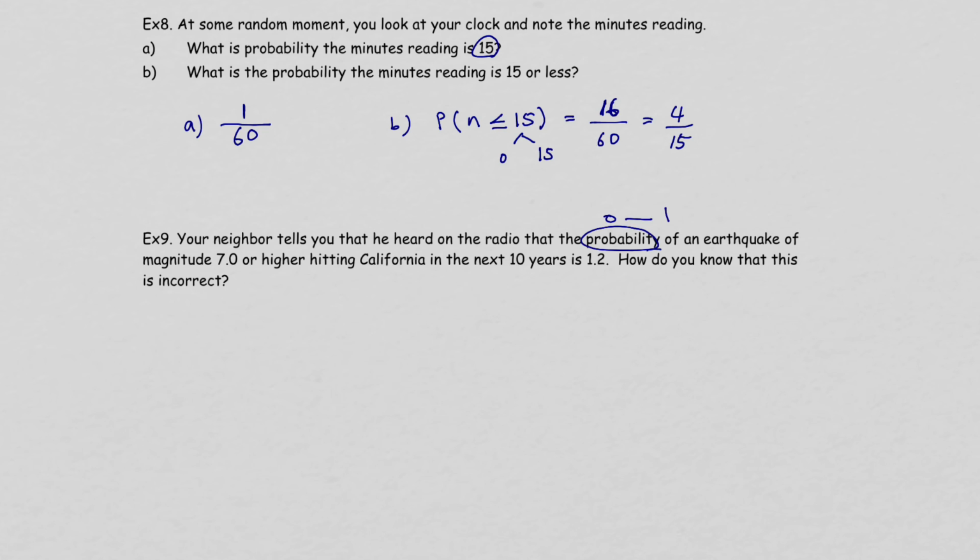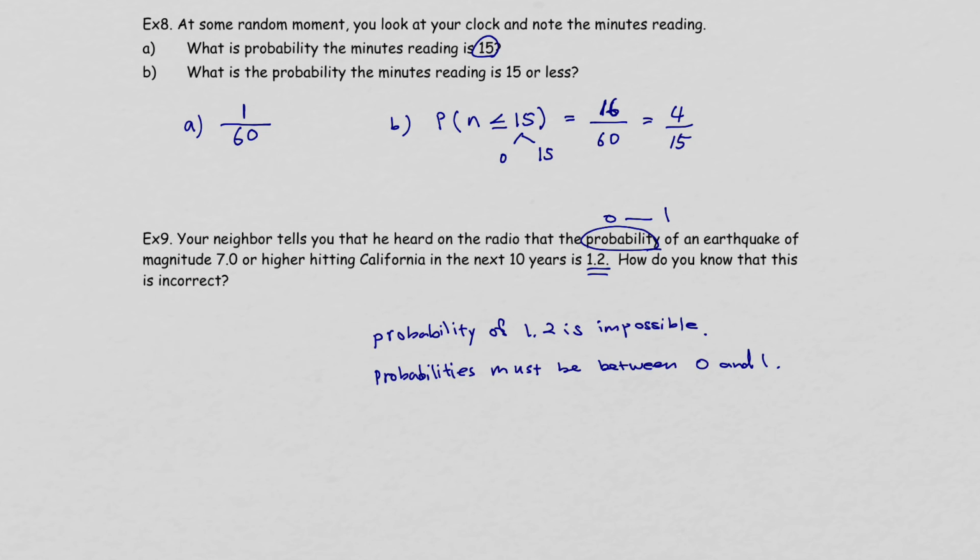So when it's a probability of 1.2, this is something that cannot happen. So make sure probability is different from percent. Because it's over 1, a probability of 1.2 is impossible.